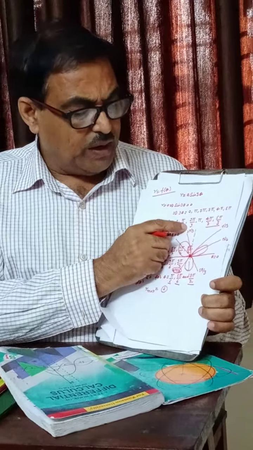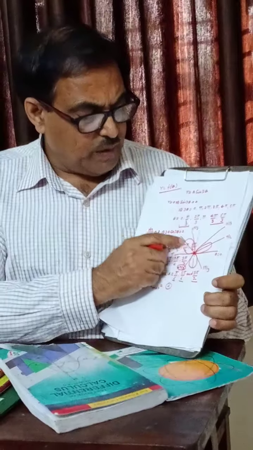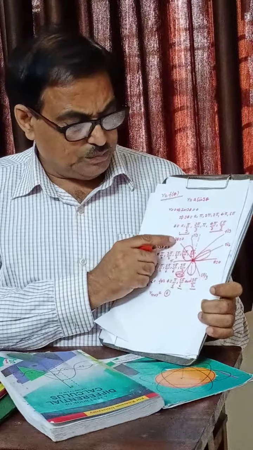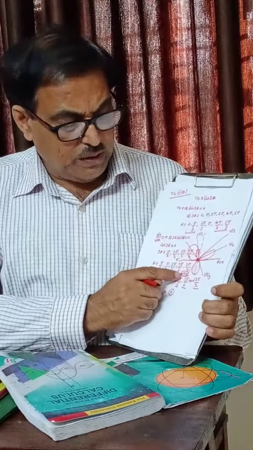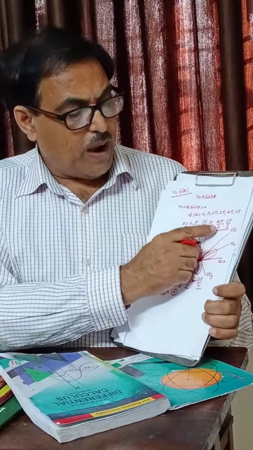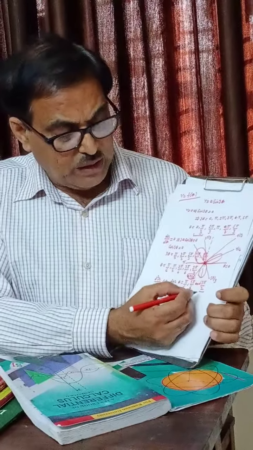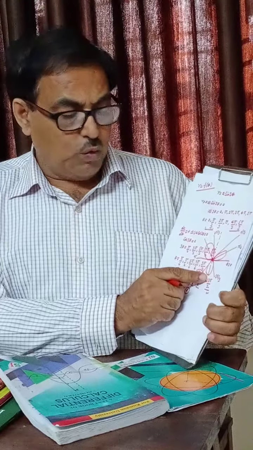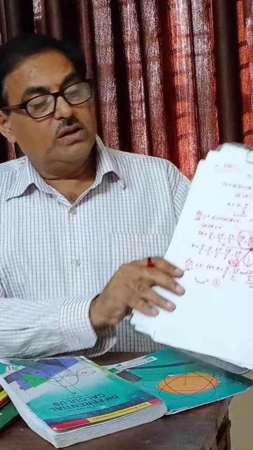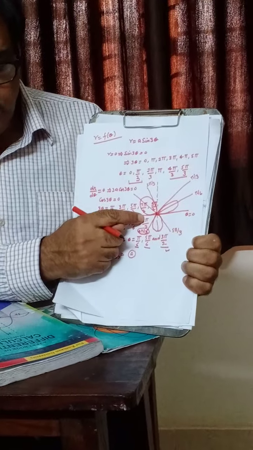The second loop is between theta equal to 2 pi by 3 and pi, and its maximum value occurs at 5 pi by 6. And the third loop is between 4 pi by 3 and 5 pi by 3, and the maximum value occurs at 3 pi by 2. The shape of this curve is shown in the figure.